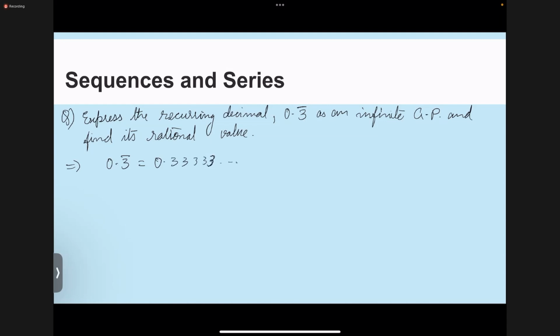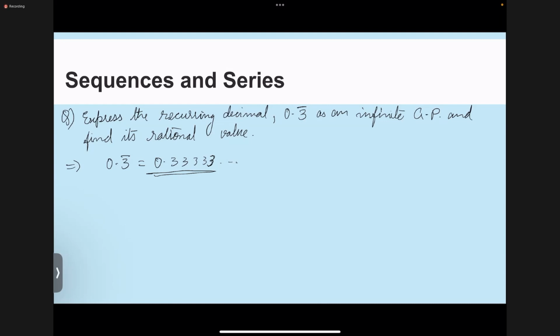So we have to write this in terms of a geometric progression. Now, if you go on adding your 0.3 with the next one being with the 3 shifted by one more decimal point.